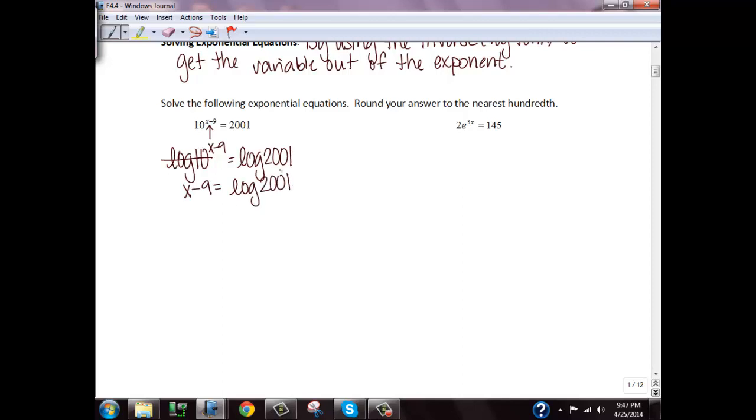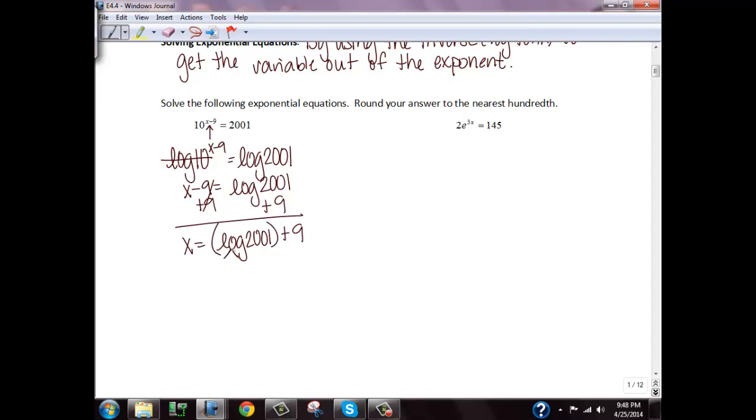Log 2001 is just something we can punch into our calculator and get a decimal answer for. So to solve this for x, I'm going to add 9. So I end up with x is equal to log of 2001 plus 9. I put parentheses around this so that you know to do this piece first and then add 9 to it.